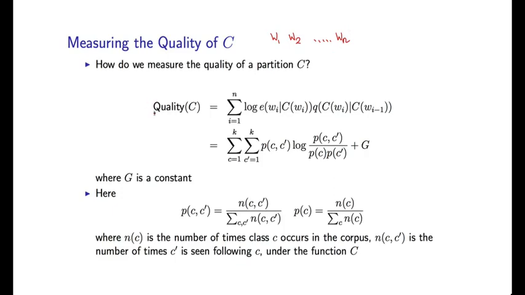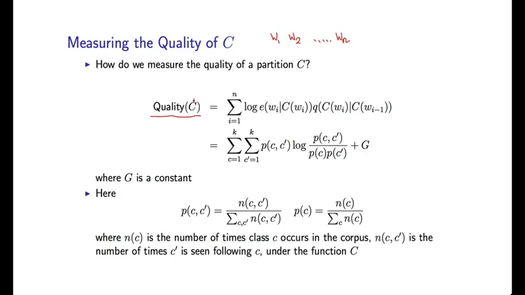And what I'm going to describe here is a measure of how well a particular partition C fits this particular training corpus. So this is a function called quality, which takes as input a training corpus and a partition C and returns a value reflecting how well that partition C fits this particular set of training examples.